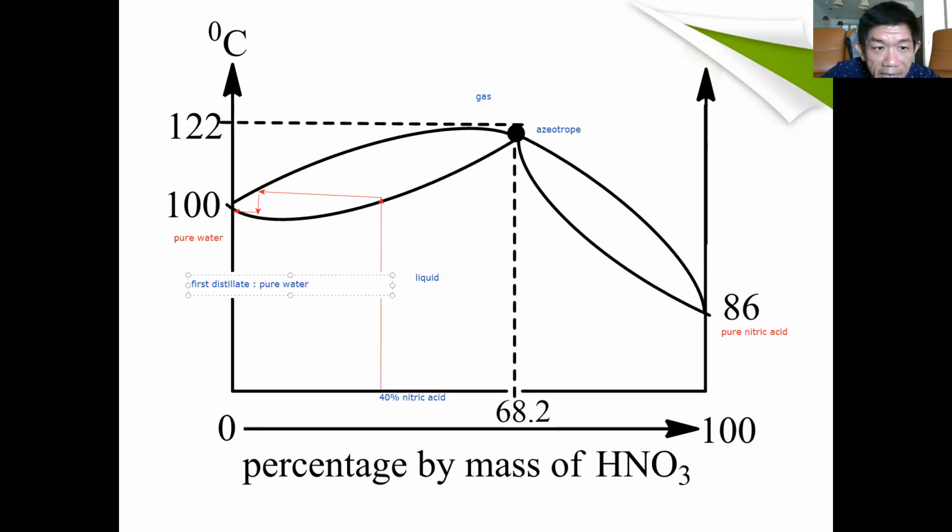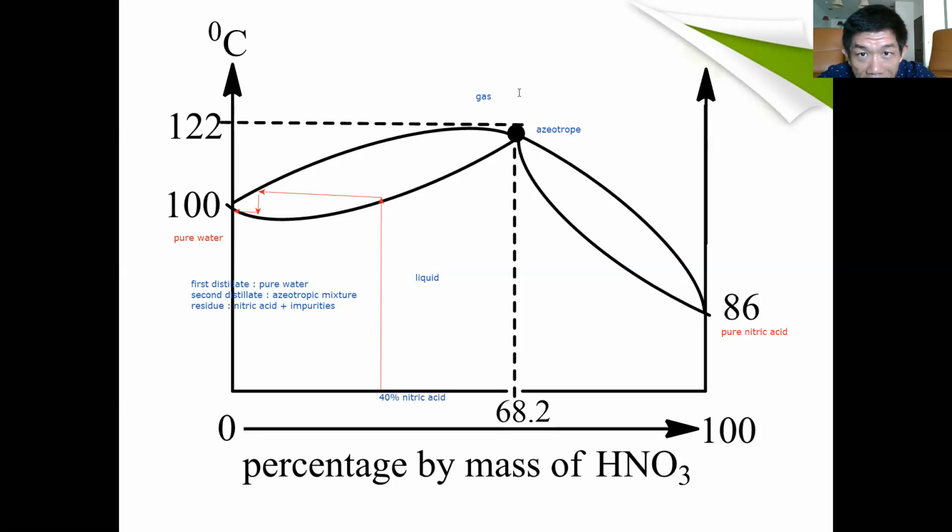Therefore, your second distillate will definitely be an azeotropic mixture, whereas the residue is nitric acid. So this is for fractional distillation if you start with 40% nitric acid.